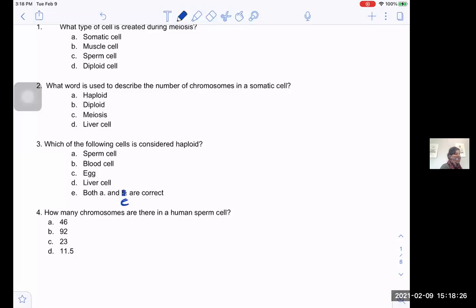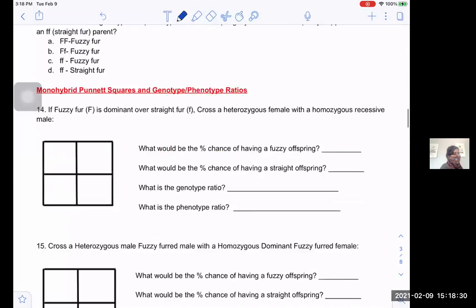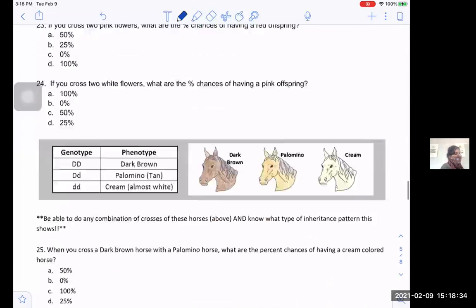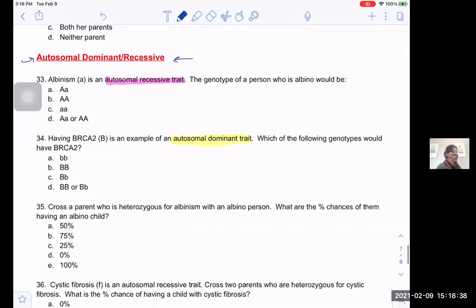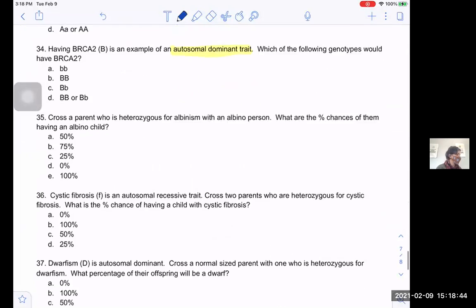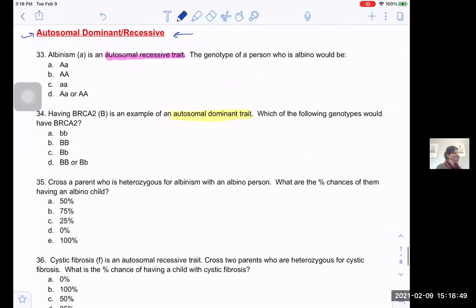If you scroll down to page 7, that's where questions from today's lecture can be found. If you feel pretty good about autosomal dominant and autosomal recessive, make sure that you can then answer these 5 questions about them.